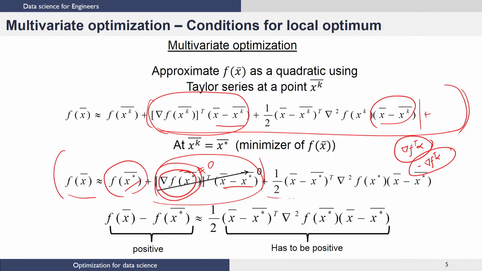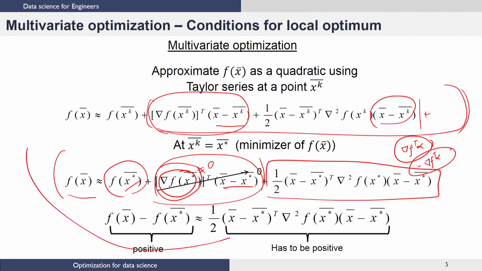Once that is 0, I am left with just this term right here, and if you notice, this term is of the form delta transpose H delta, where H is the Hessian matrix.